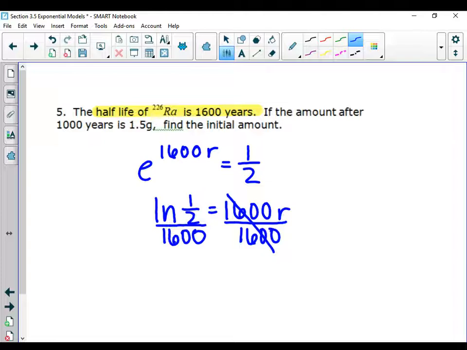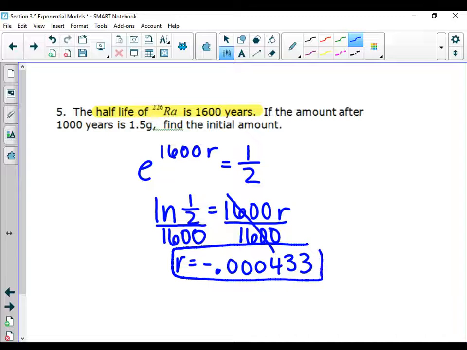Okay. So from there, natural log of 1/2 divided by 1,600 is going to be a big decimal. Okay. Leave this in your calculator, because you're going to use that information, and it's better if you keep it as pure as possible.